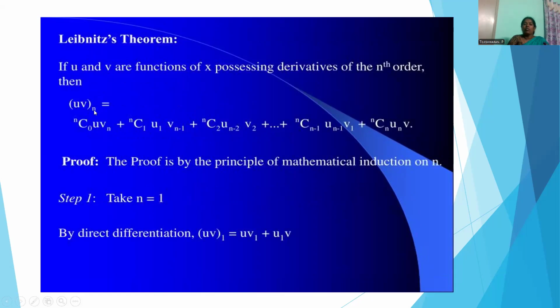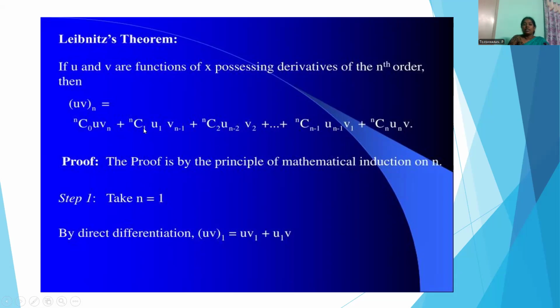The nth derivative of uv is nC0 u vn plus nC1 u1 vn minus 1 plus nC2 u2 vn minus 2, and so on, plus nC(n minus 1) u(n minus 1) v1 plus nCn un v.